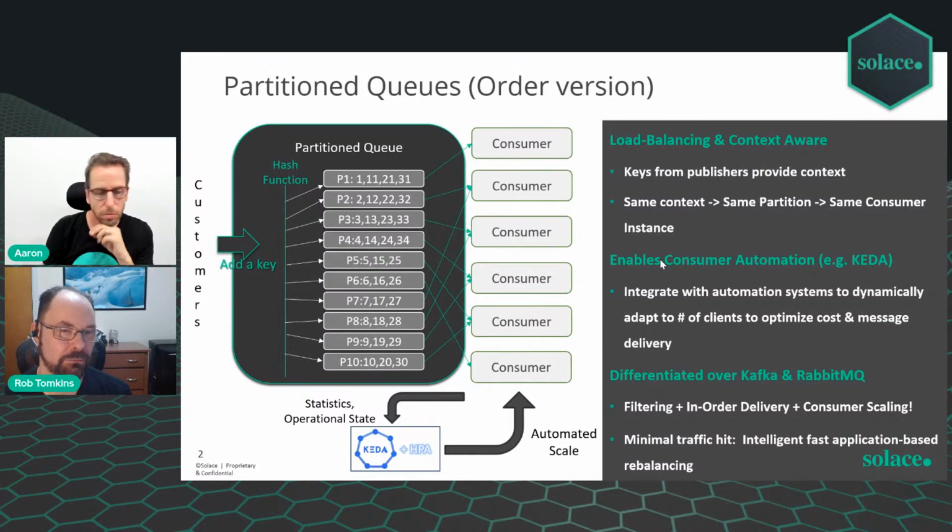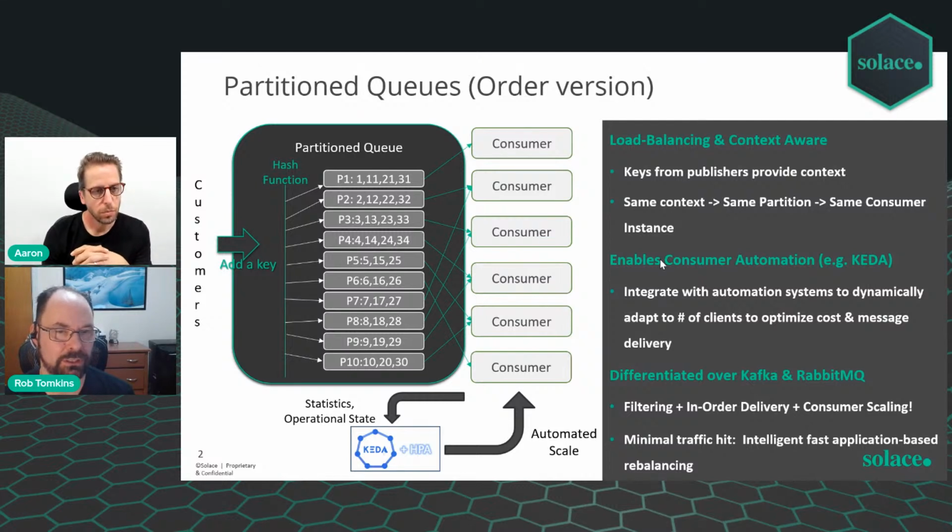Right. When you are using a partition queue, the in-order delivery is maintained within a key. So anything that comes within the key or gets dumped into a partition, once it's put into that partition, everything within that partition is delivered in order.